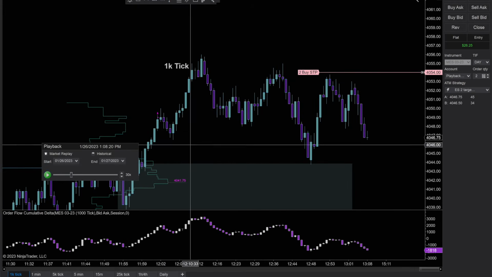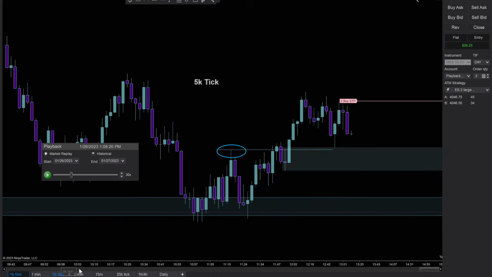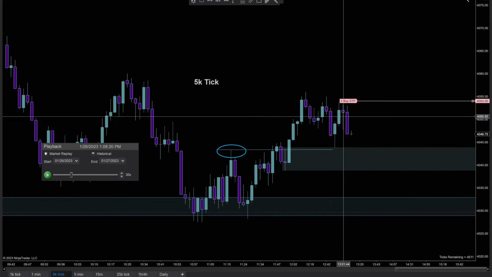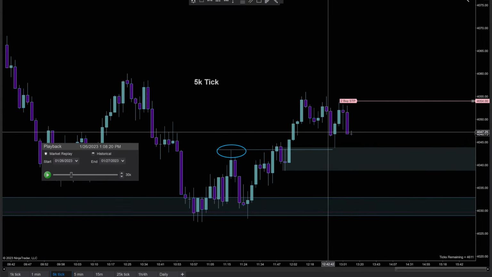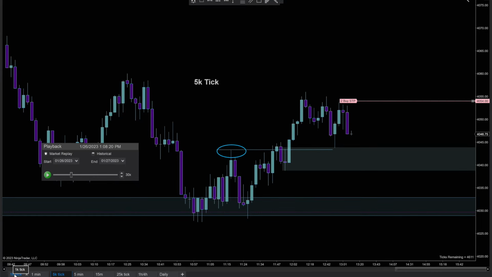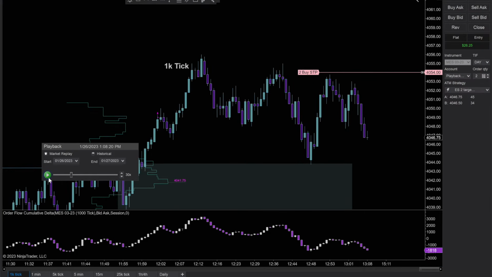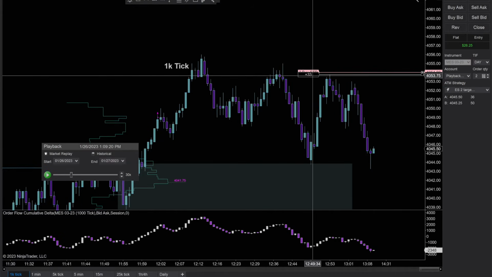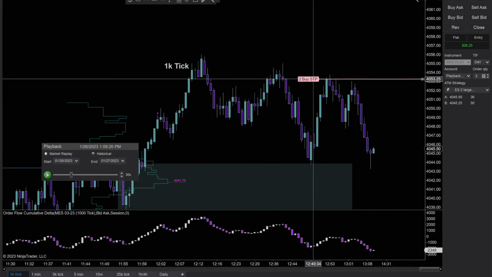And this is why I like to wait for the structure break, because imagine if I just entered on the break of this candle. This would have moved a little bit, and then I'm starting to sweat bullets as we're coming back down because we just didn't really get that break of structure on the lower time frame. At this point, I'm going to actually bring this entry down to here.